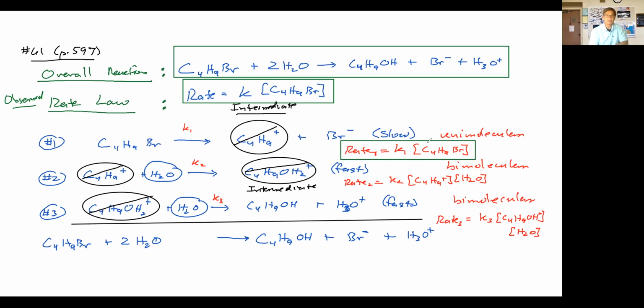With that said, it also makes sense in the context of the rate limiting step, because step number 1 is going to be the rate limiting step. It is the slow one, and we expect that that rate law determines how quickly this reaction runs, and we have confirmation of that right here.